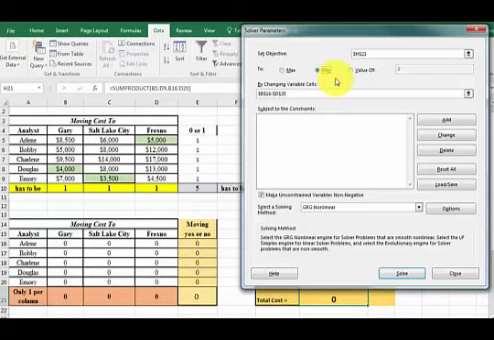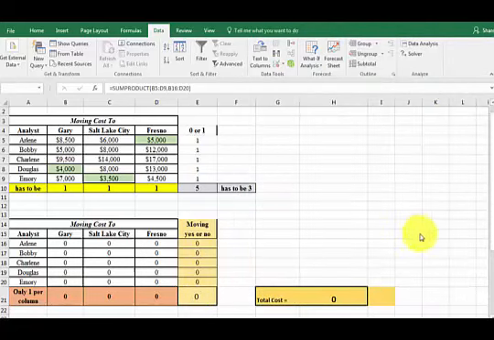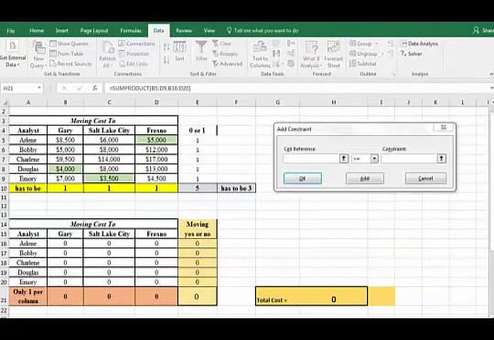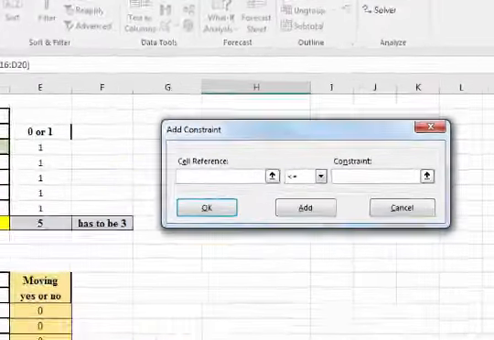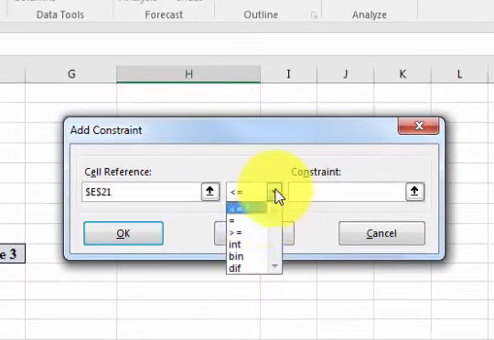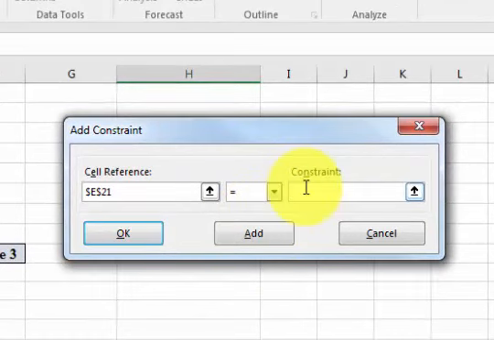All right, but let's type in our constraints. First constraint I know is this cell right there has to be a 3. So we're going to go add. Oh, there it is. Okay, I know that this cell, click your cursor in there, that cell has to equal 3.